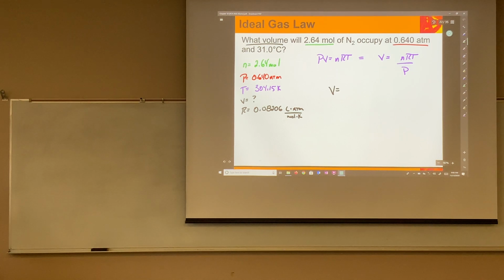Volume equals 2.64 moles, right, for n, times R, times temperature, it ran out of room, so let's see if I can do this. Fantastic. 304.15 Kelvin over pressure, 0.640 atmospheres.